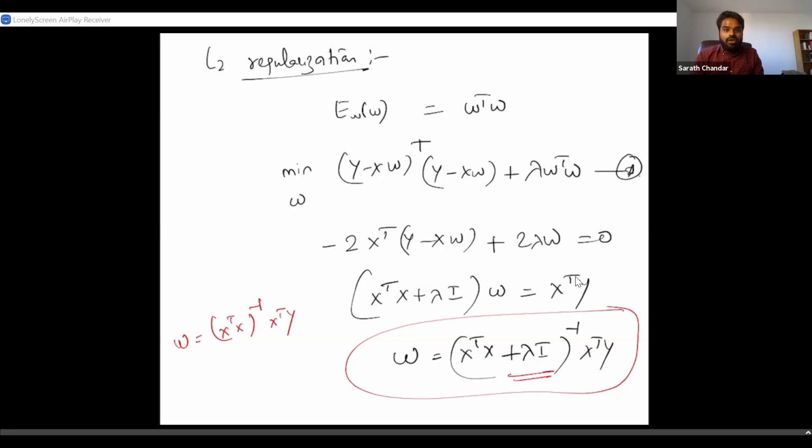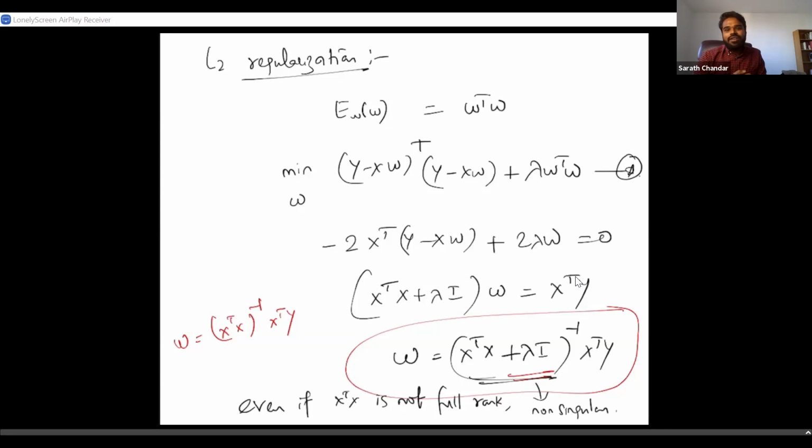The beauty of this is that even if X transpose X is not full rank and is singular, the addition of positive values to the diagonal makes it non-singular, and hence you can invert it.